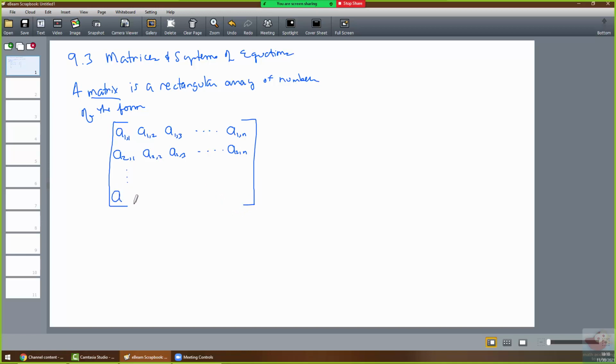And this continues at the very bottom, m,1, m,2, m,3, m,n. All right, we're over hurdle number 1.